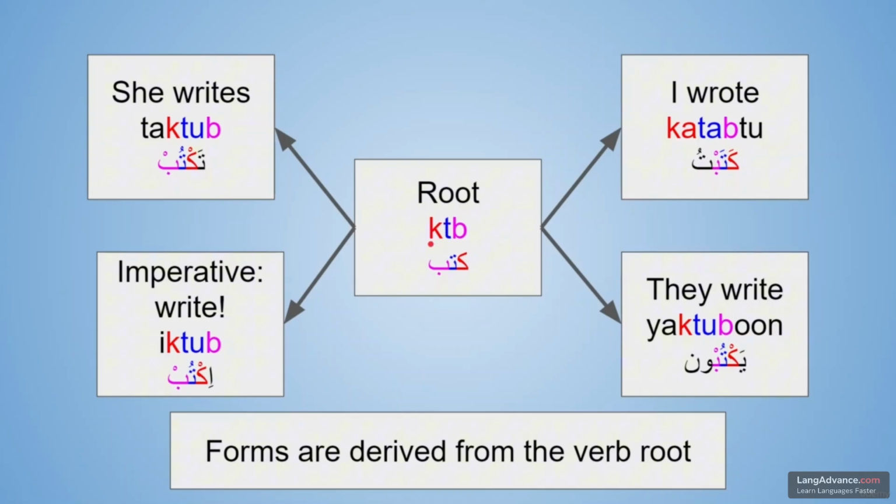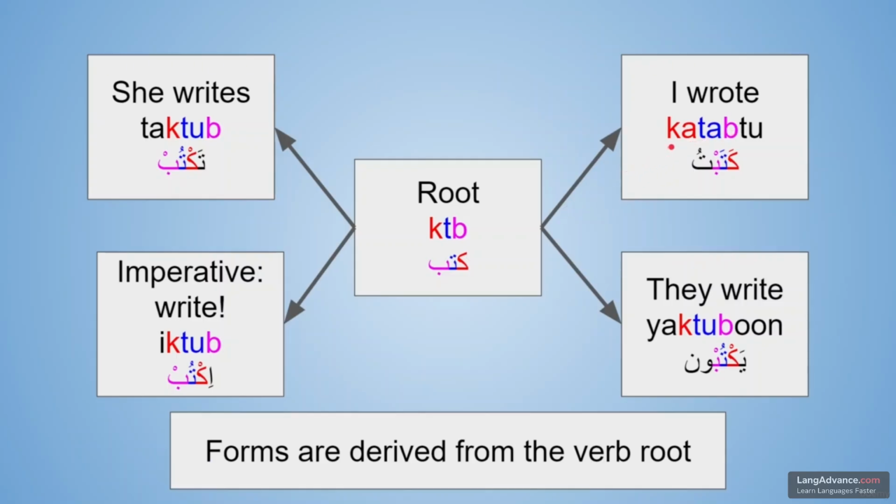So the word kataba has the root of the ka, ta, ba sounds and letters. So when you look into the different conjugations, you'll find that it also has the ka, ta, and ba, but with different vowels and with different templates.